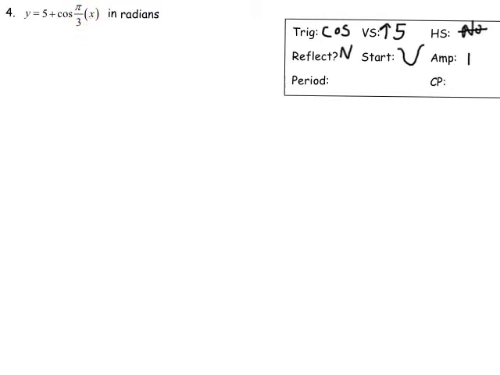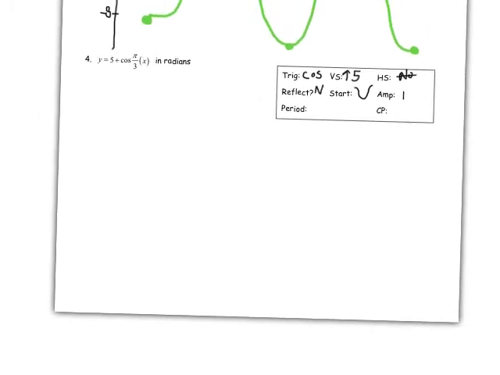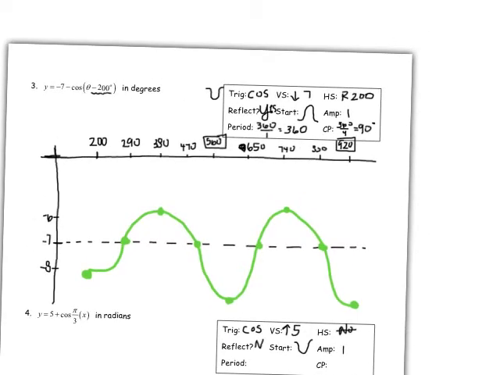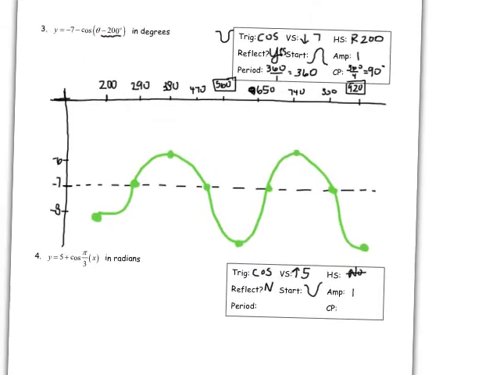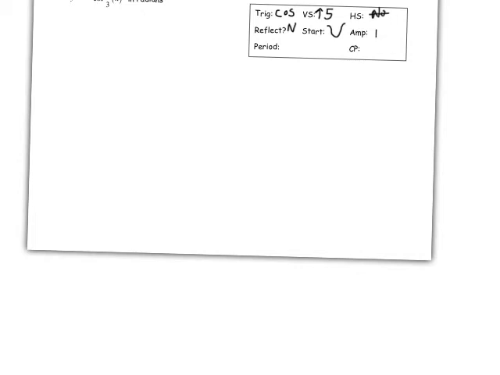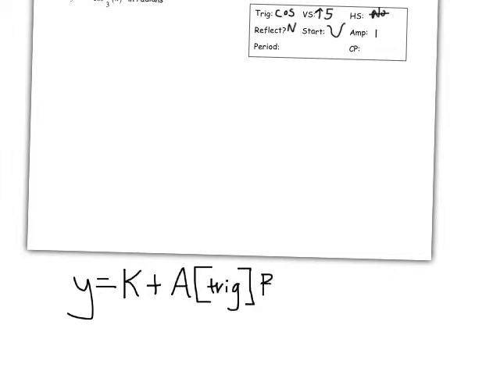If you're getting confused why this is not changing the horizontal shift, I'm going to zoom out. The horizontal shift is inside, being added or subtracted to the theta. The period, if I can just write all of this out, y equals k plus a times some trig, whatever it is, and then there's the b theta minus h.